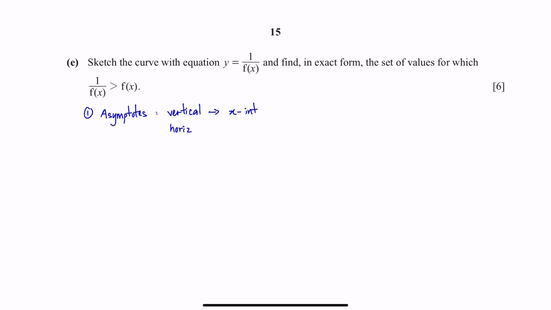And the horizontal asymptote stays the same, so it's also the horizontal asymptote of the 1 over f(x) graph. Second, we have turning points. Like what we said just now, the x coordinate stays the same, and for the y coordinate, we need to flip the fraction.